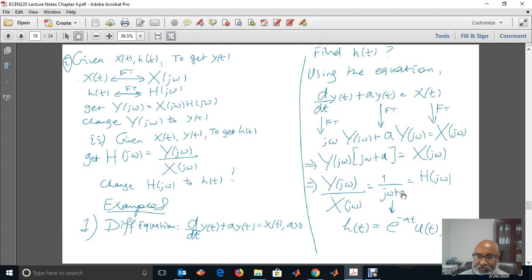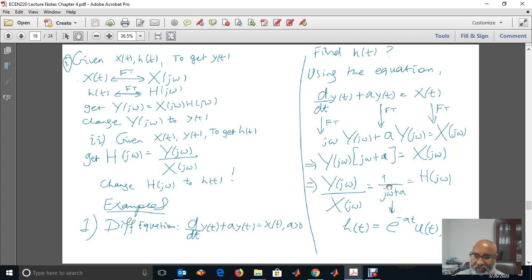So we can change this to the time domain. When we change to the time domain, remember a is a positive real number. From the examples that we did in the previous videos, if I have 1 over (jω + a), the inverse Fourier transform of this is e^(-at) u(t), where u(t) is the unit step function and a is greater than 0.